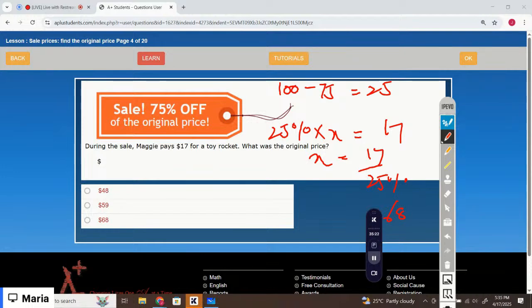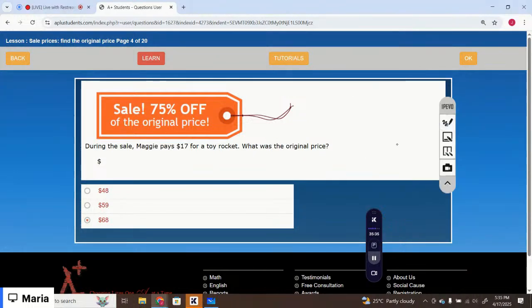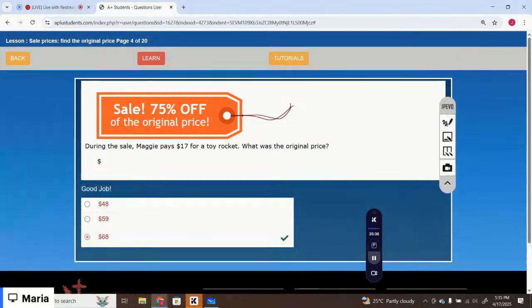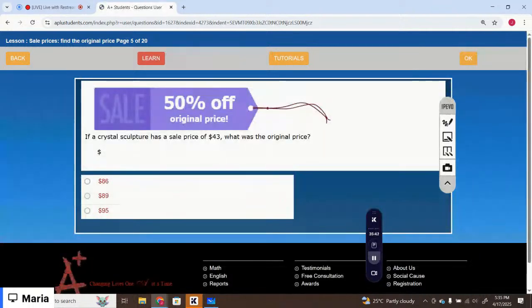So that means the original price is $68. If a crystal structure had a sale price of $43, what was the original price? So that is on 50% off.